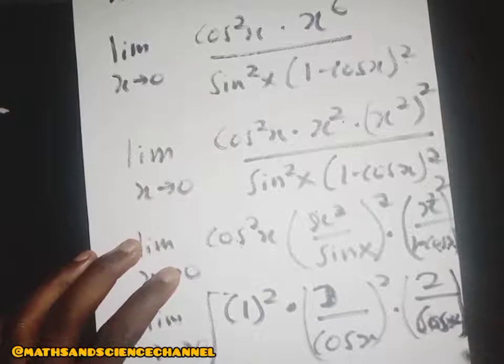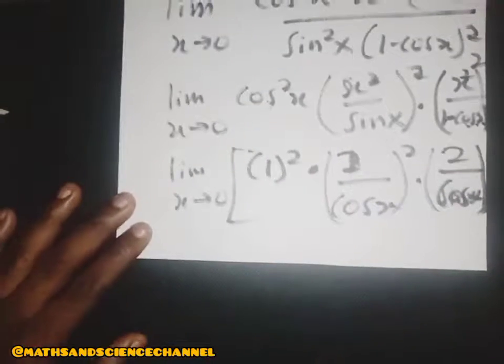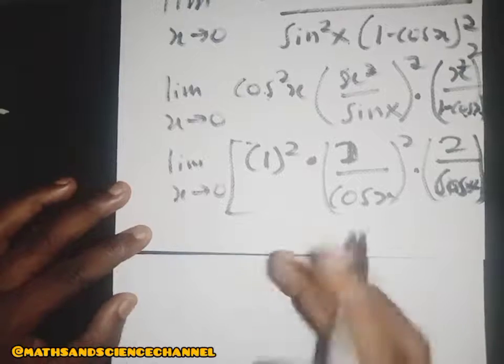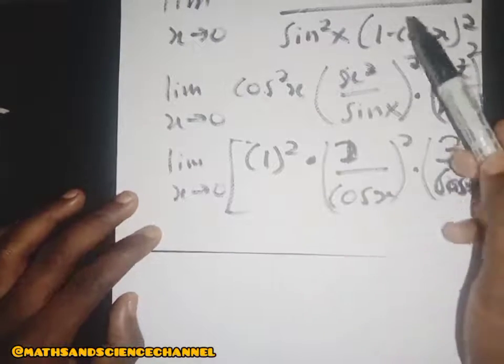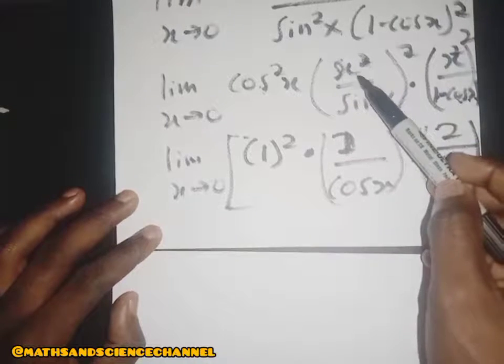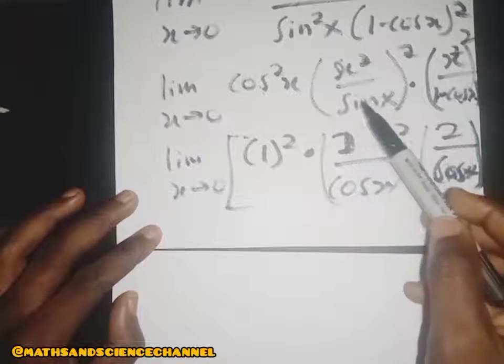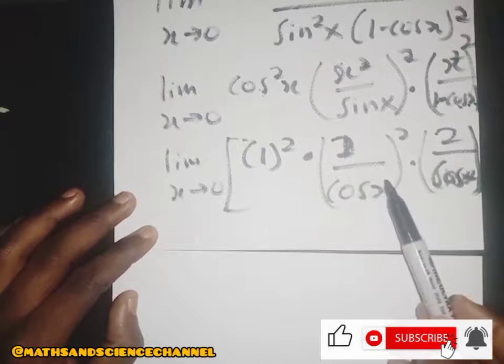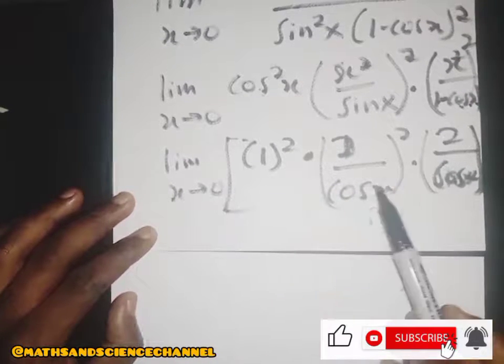So we want to leave everything in terms of cos. So over here what we did was to just apply L'Hopital's rule on both sides. We have x over sine x. We differentiate x here, we get 1. We differentiate sine, we get cos. So now it is in terms of cos, and we know that cos 0 is just 1.